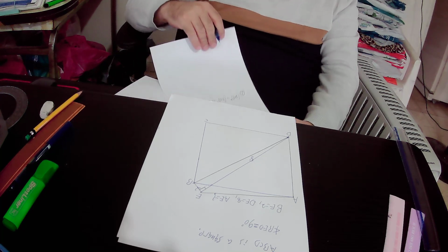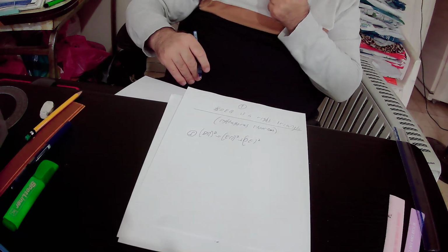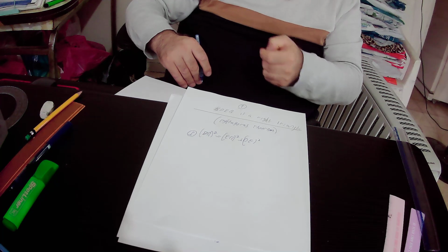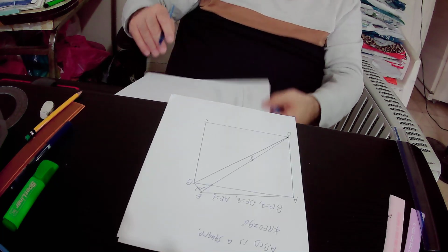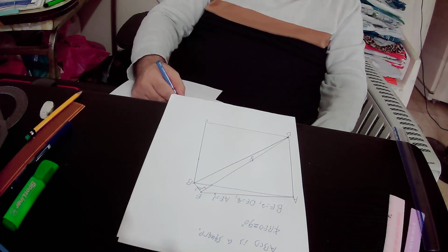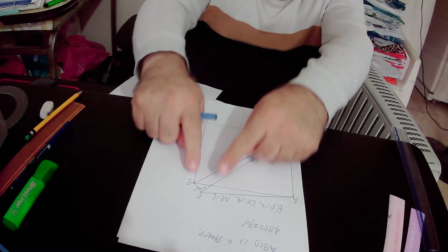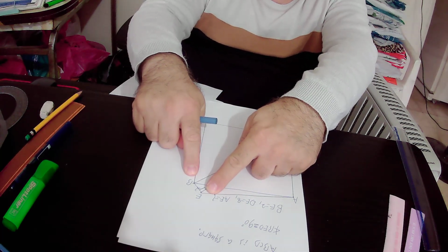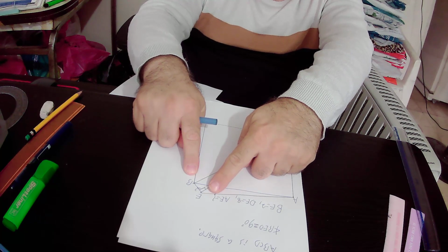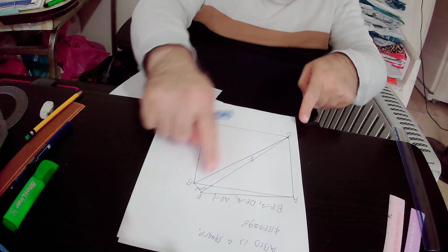So according to the Pythagoras theorem, in the right triangle DEB, DB squared equals BE squared plus DE squared. So DB squared equals EB squared, EB equals 2, so 2 squared is 4, plus DE squared.